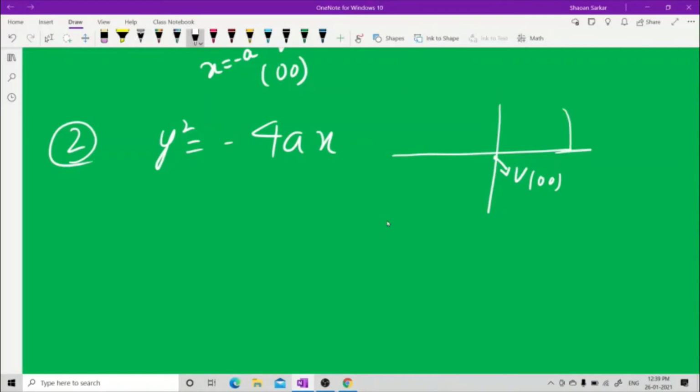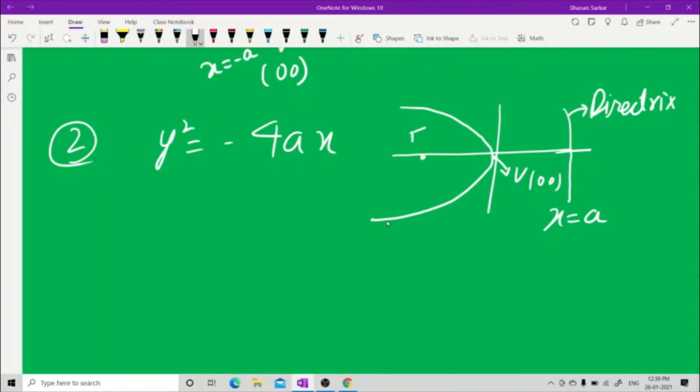This is the equation of the directrix, x equals a. This is our parabola. Now the focus is minus a comma 0, and this is the latus rectum, as I told you.